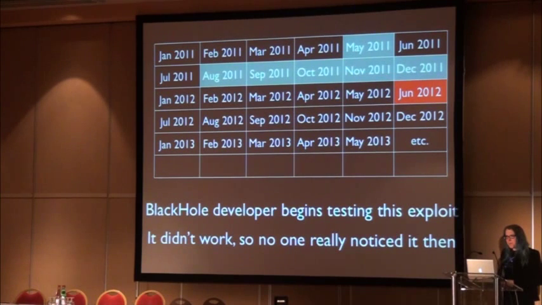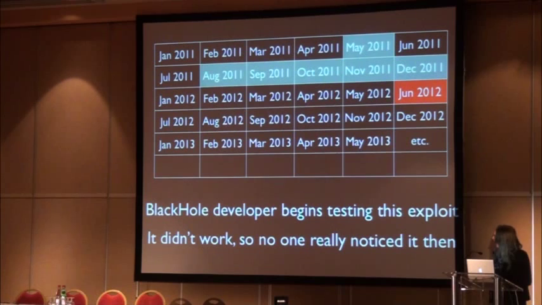And then whoever does the development for Blackhole apparently started testing this exploit, and at the time nobody actually realized it. Or rather, I figured this out while searching for something else, and I found an email on the Snort emerging threats mailing list where somebody was like, "Hey, look at this thing.